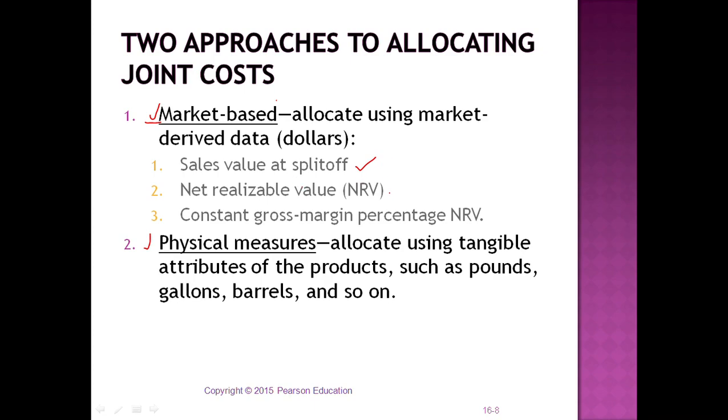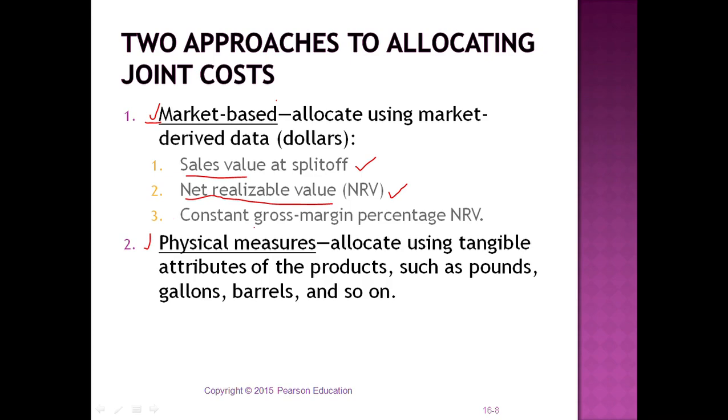The second method under the market-based approach is net realizable value. It is similar to the sales value approach, but you don't take the sales value at split off. Rather, you calculate the net realizable value, that is after also considering the separable cost. Okay, we'll talk about this in the coming slide. So first you calculate the net realizable value and then use that calculation as a basis for distributing the joint cost to the joint product.